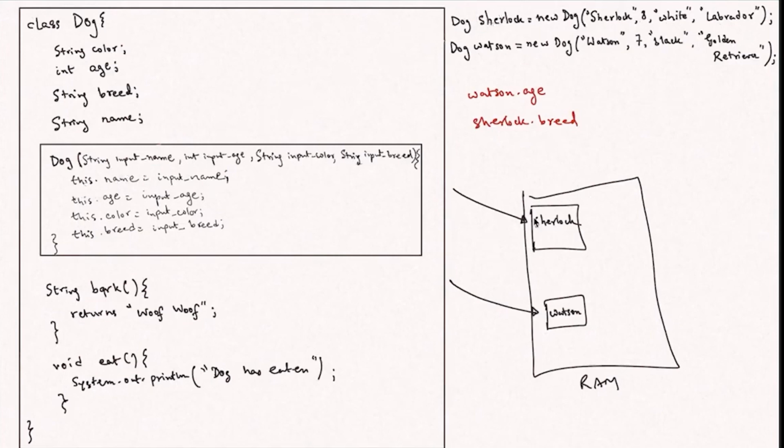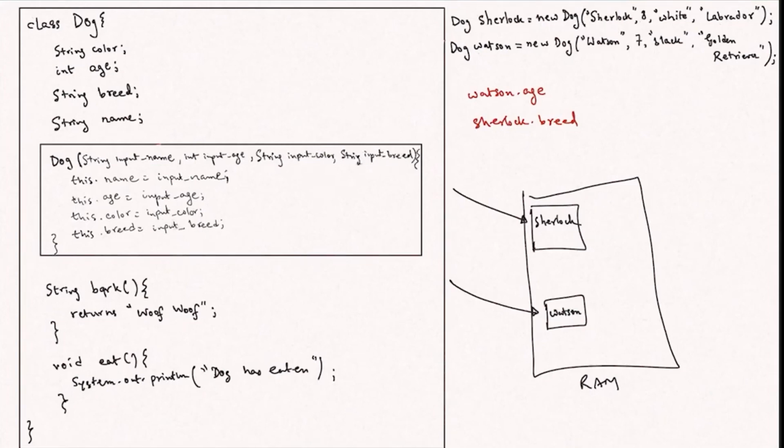So for the Sherlock object, which is in this memory location, the name becomes this name that was input here, Sherlock. For the Sherlock object in this memory location, this dot age, so Sherlock dot age, becomes input age, which was 8. Then this dot color means Sherlock dot color becomes input color, which is white, and Sherlock dot breed becomes input breed.